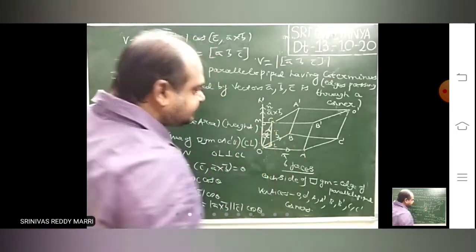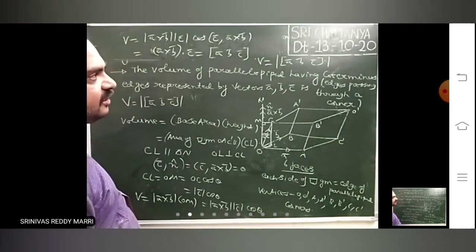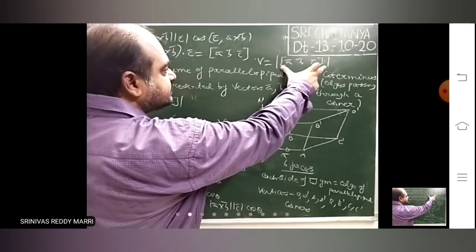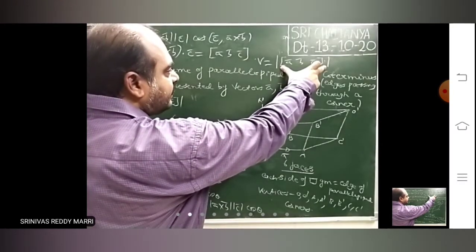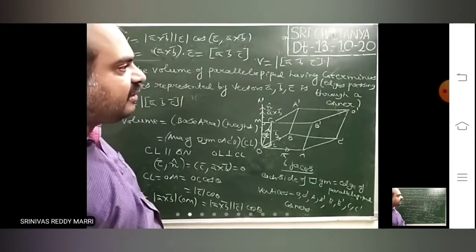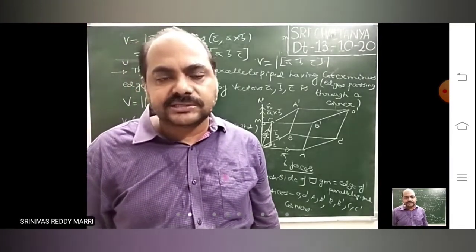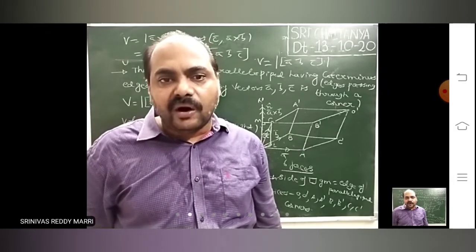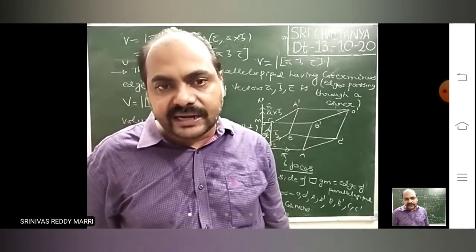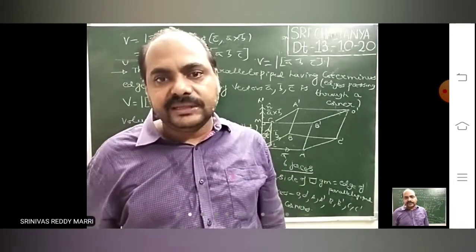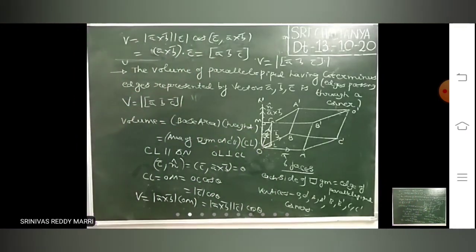If these are coterminous edges, the volume of the parallelepiped is nothing but the modulus of the box of A bar, B bar, C bar. So whenever three vectors are given, find the box of ABC using the determinant method, and the modulus of that will be the volume. Okay.